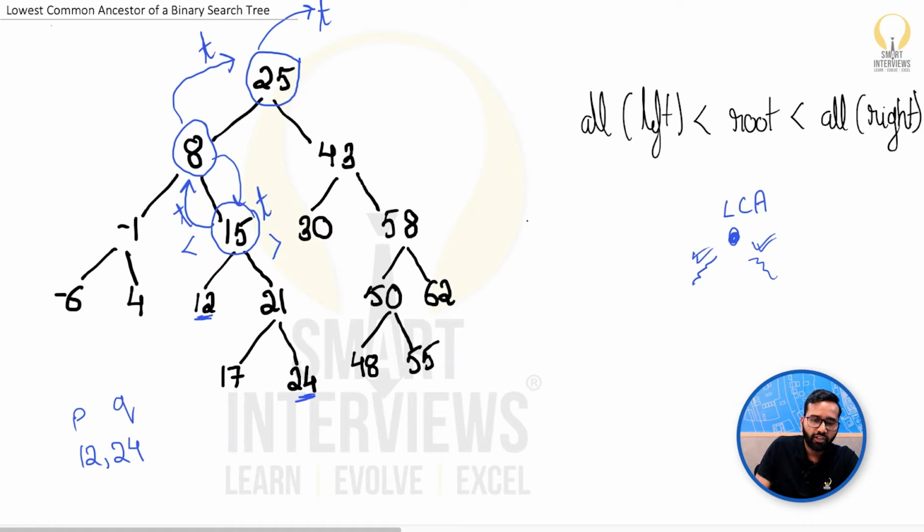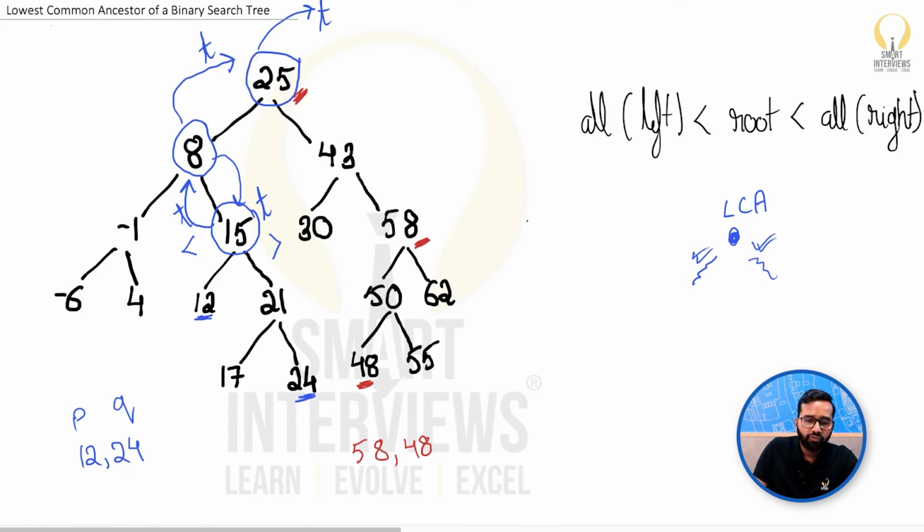Let's take the second scenario as well. Say for example, you are given the two nodes as 58 and 48. You have 48 over here and you have 58 over here. Again, we'll use the property of a BST. We will start from the root node. We start from 25. You will see that both P and Q are greater than 25.